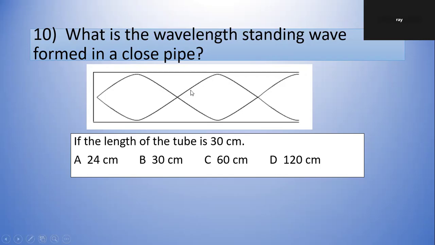From here to here is one wavelength. Then look at this, 1.5... no, 1.25. This is a quarter. Sorry, one and a quarter. What's the answer?